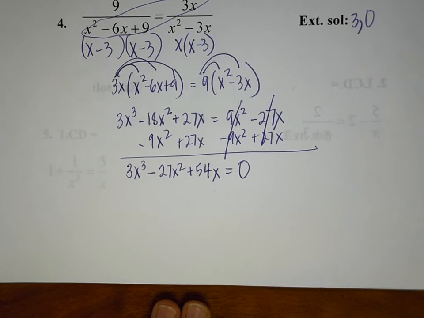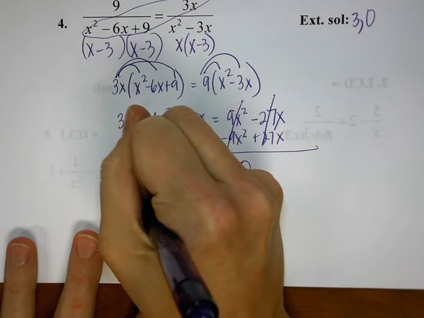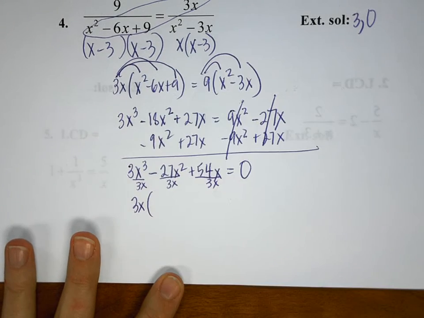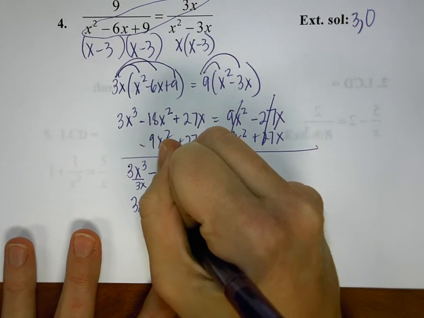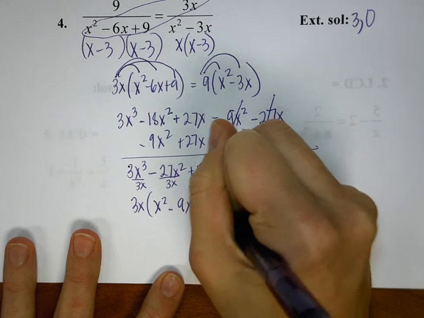So we can take out a GCF. In this case, I can take out a 3x, which means I'm dividing each of these by 3x, and that will leave me with x squared minus 9x plus 18 equals 0.